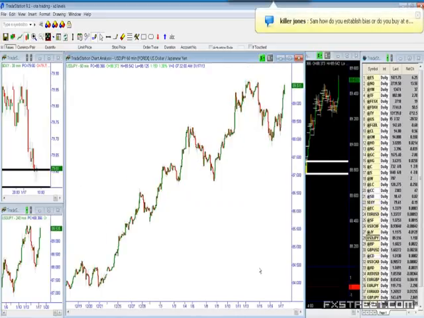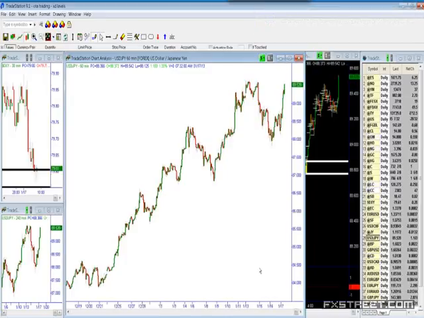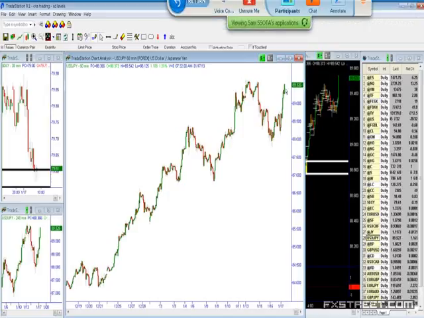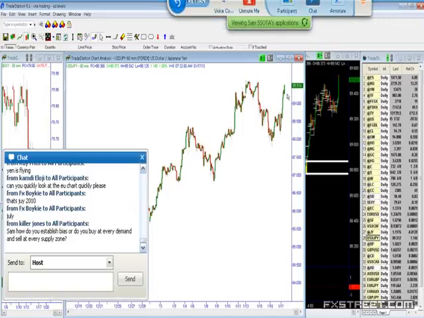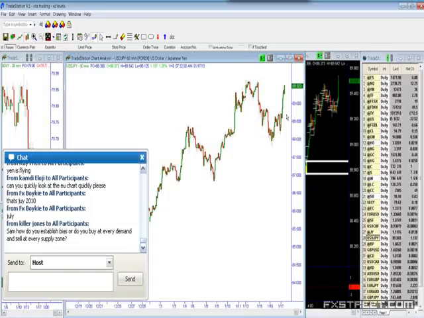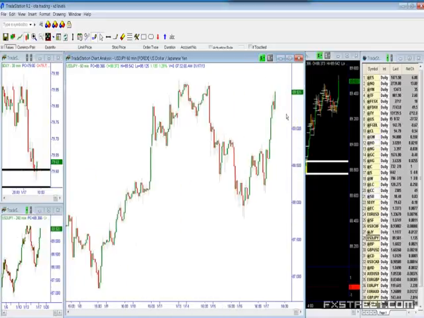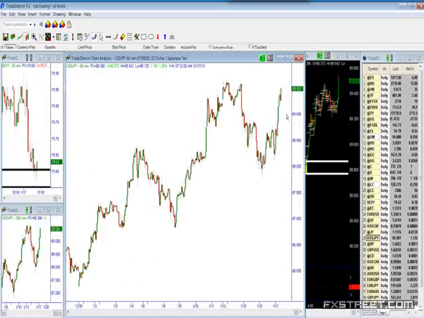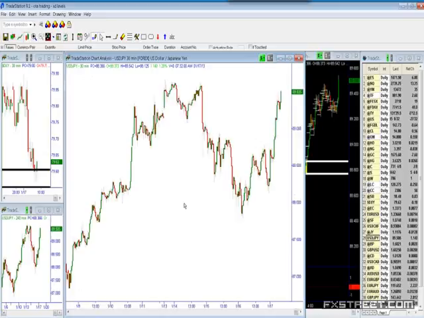To answer that, we want to see where the fresh demand levels are below. Looking at this chart, you can have a little area right in here. You know what, let me just take it to 30. It'll clean it up. There we go.